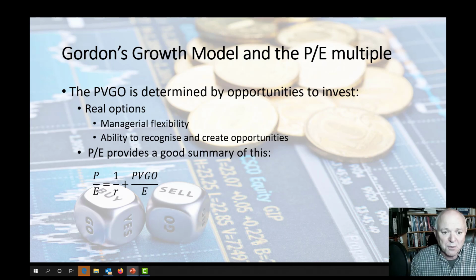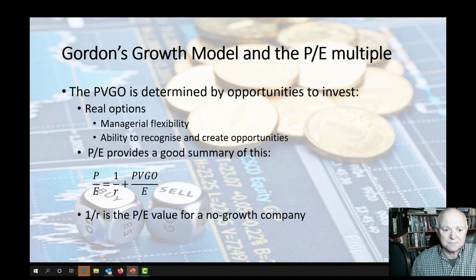The first part of our equation, 1 over r, essentially is going to be a measure of the capitalization rate, or the rate of return for a company with no growth. The present value of the growth opportunities divided by the earnings per share essentially is going to be the value of the growth opportunity. So 1 over r is the stream of income, the value of a perpetuity, or the factor for a perpetuity for a no-growth company.